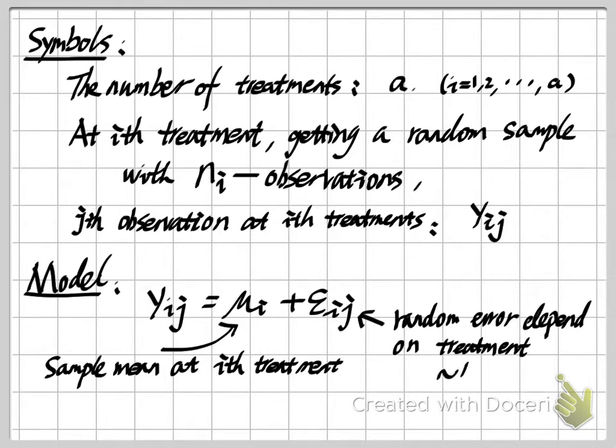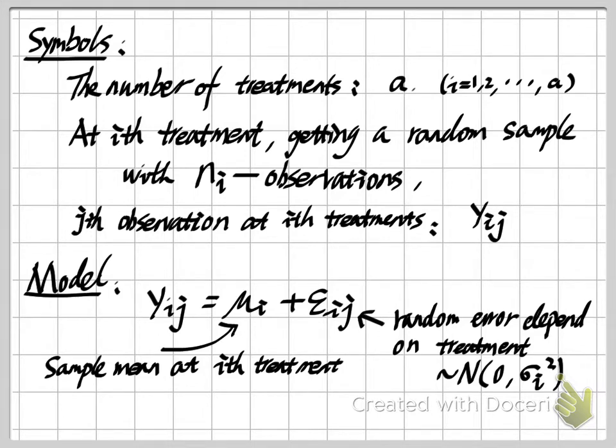So this one still follows a normal distribution, with the mean equal to 0 and the variance sigma i squared. So this means for different treatments we will have different variances, but no matter which treatment, we always have the mean equal to 0. Okay, so this is about our model, or equation, for our Yij.